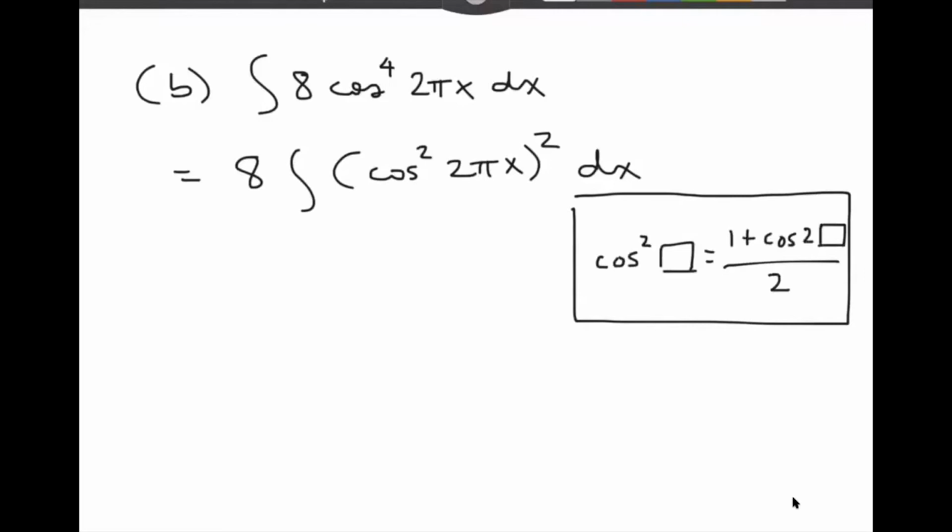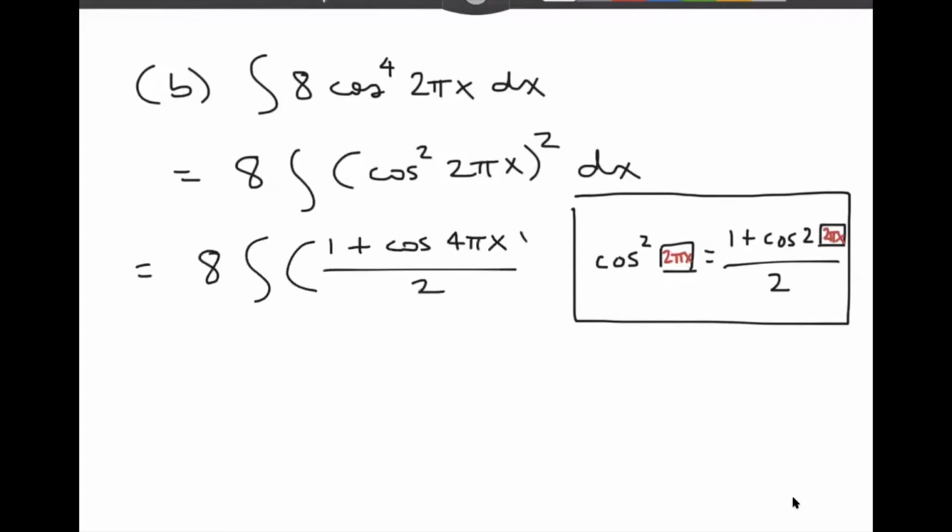So what goes in the blank in this case is a 2 pi x, which means that's what I have to put in the blank over here. All right, so my cosine squared 2 pi x is going to get replaced with 1 plus cosine 4 pi x over 2. And that whole thing gets squared.